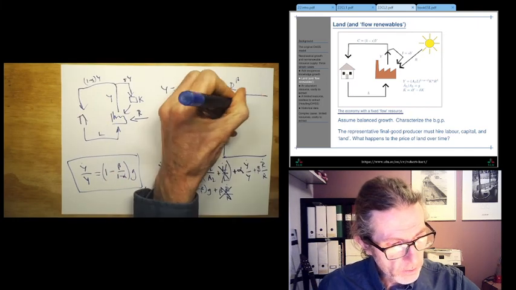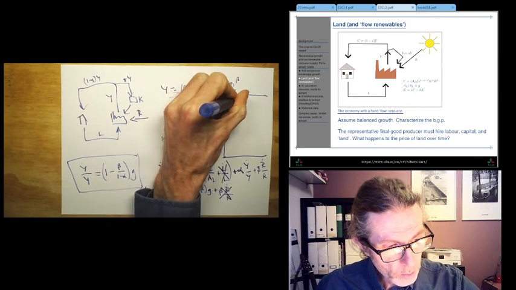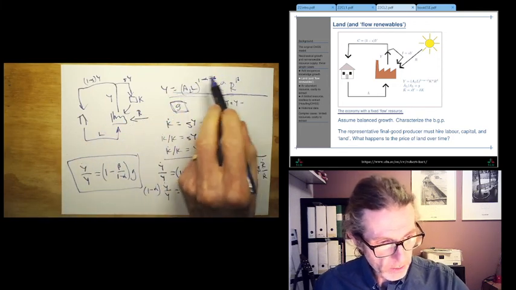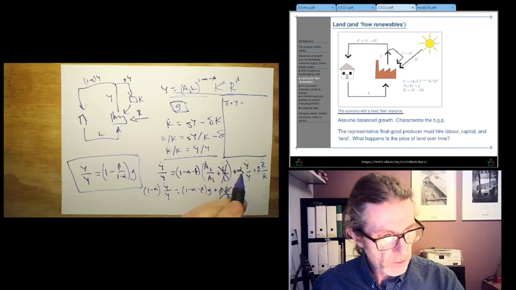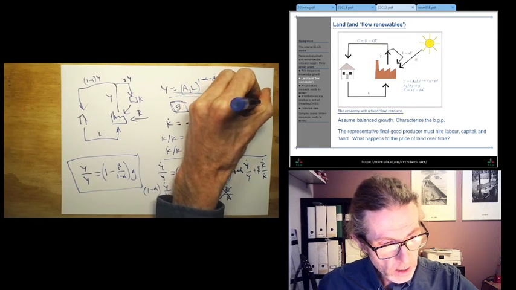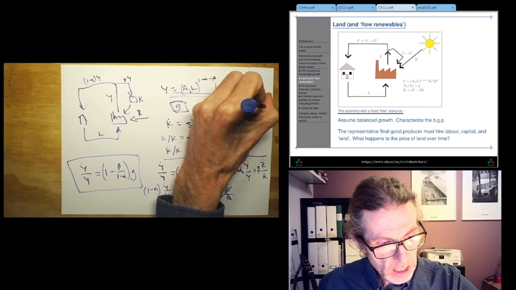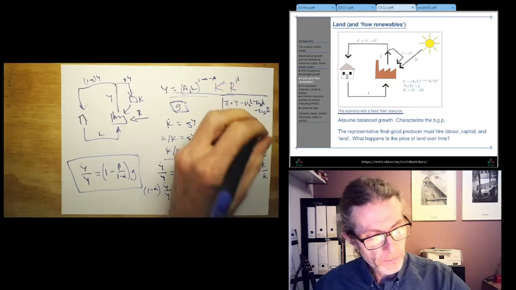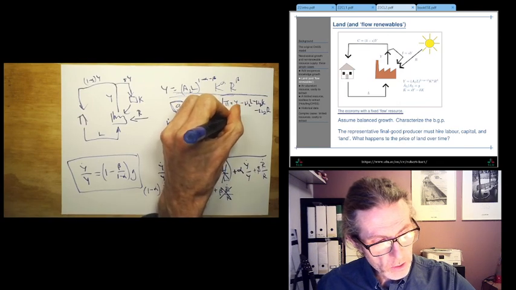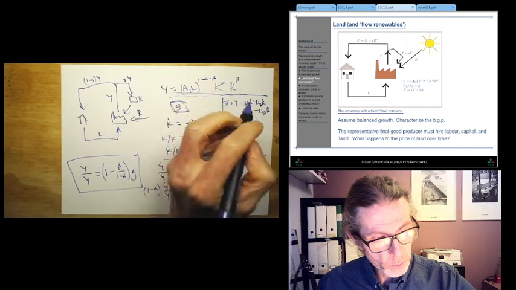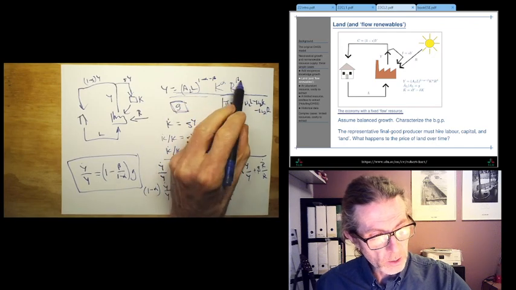And that is pi equals Y. I should really write Y out, but we have it in mind that that is Y minus expenditure on each of the inputs. So that's W_L L, W_K K, W_R R.